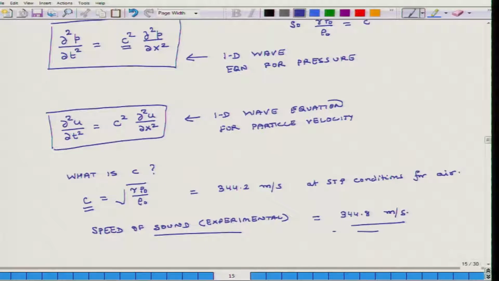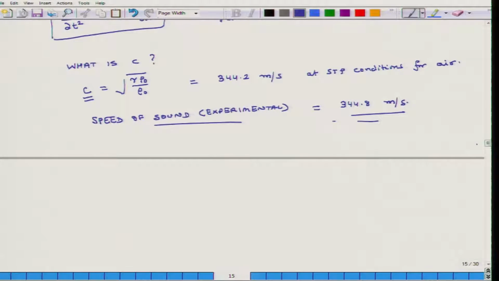So, maybe it is the speed of sound, but at this point I have not explained whether c is indeed the speed of sound or something different. What I have explained so far is that the value of c at STP for air comes out to be 344.2, and experimentally the speed of sound at STP is 344.8 meters per second. So, c is awfully close to the speed of sound.